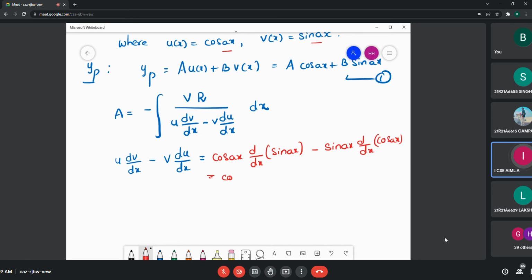This is equal to cos ax into the derivative of sin ax, which is a cos ax, minus sin ax into the derivative of cos ax, which is minus a sin ax.